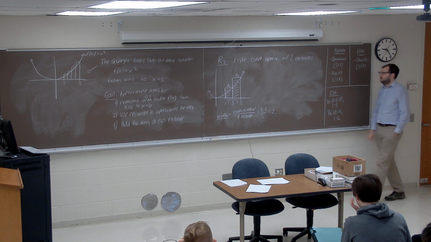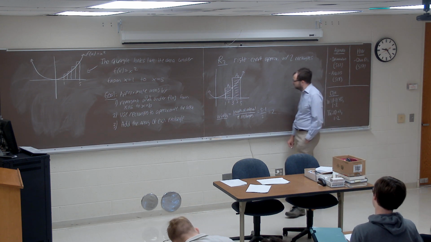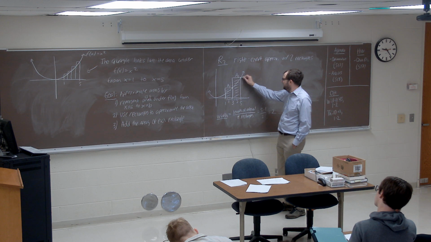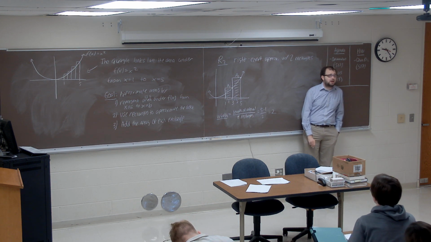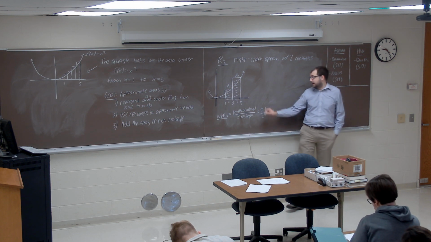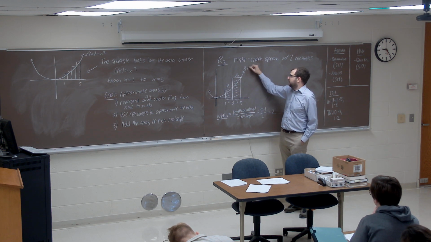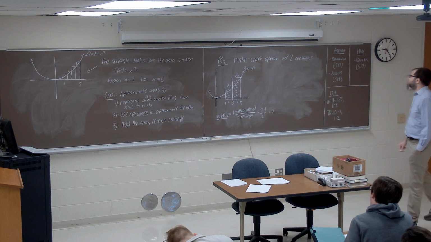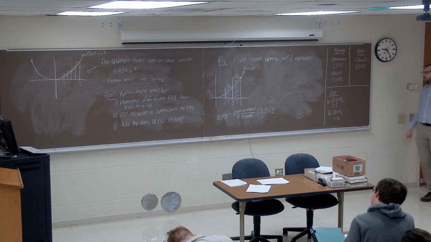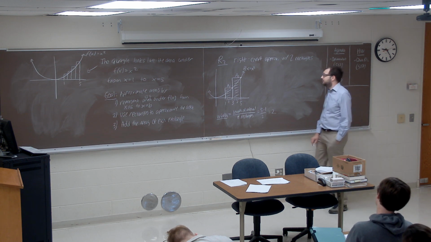How do we find the height of each of these rectangles? So let's start with maybe A2. If you notice, the top right corner of our rectangle matches up with the value of the function f of x, where here we're looking at the function f of x equals x squared. So how do we find the y-coordinate of that point? In other words, how do we find the height of that rectangle?